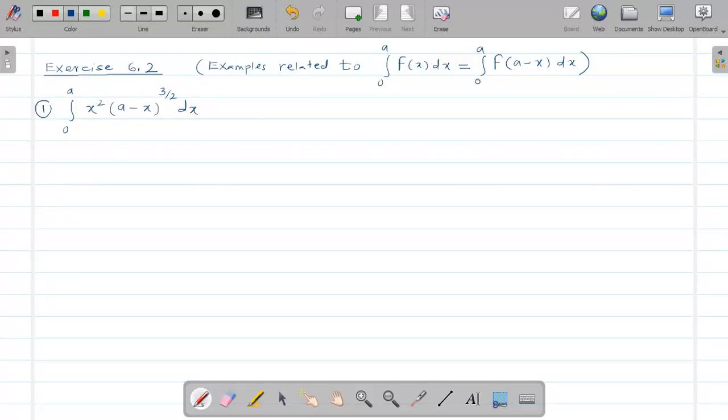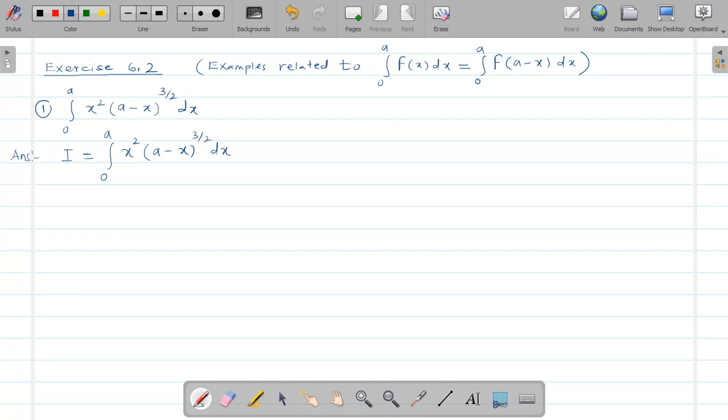Now see, from exercise 6.2, we will solve examples related to the property integral 0 to a f of x dx equals integral 0 to a f of a minus x dx. This is the first example from that exercise. First of all I will write the given integration. I is equal to integration from 0 to a x square into bracket a minus x raised to 3 by 2 dx.